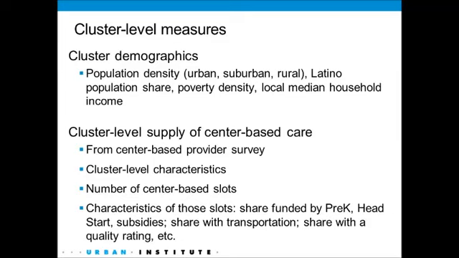In the process, there were some changes that were made in terms of disclosure risk. There were some masking rules. So there were some clusters that had no center-based providers, so we were able to know that. And then there were some clusters that had a very small number of center-based providers. So in those clusters, we weren't able to merge on the information about those providers.